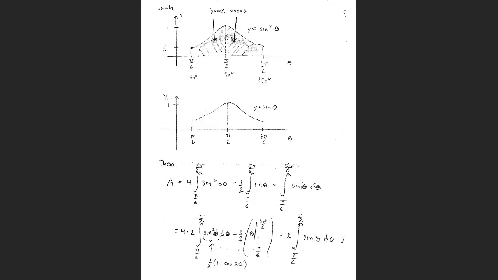One moment, class. Yep, we're good. 8 times 1/2, and then the second integral is just 1/2 times 5 pi over 6 minus pi over 6. But 5 pi over 6 minus pi over 6 is just 4 pi over 6, which is 2 pi over 3.